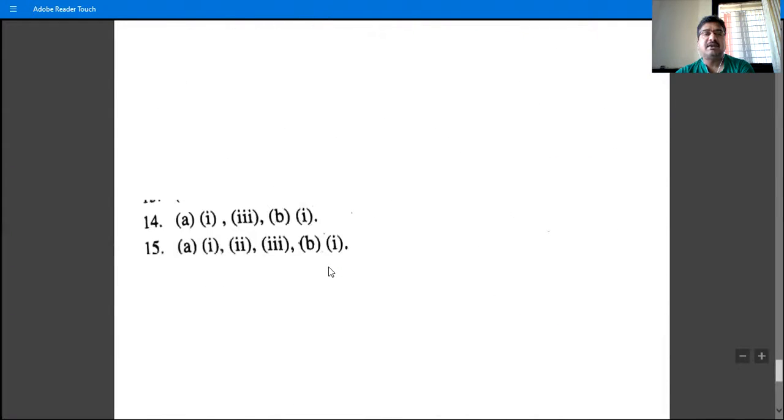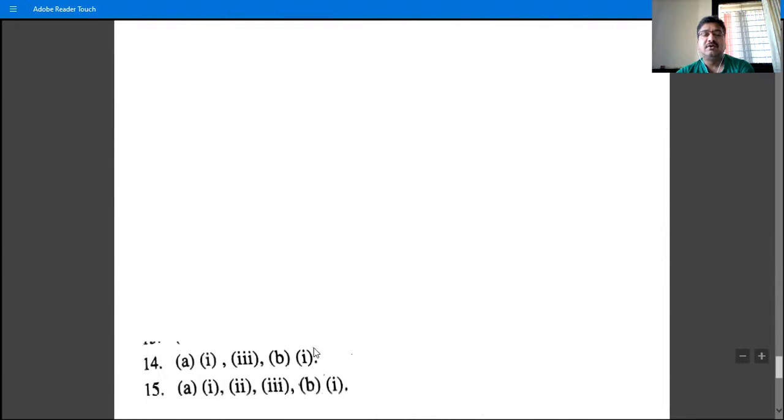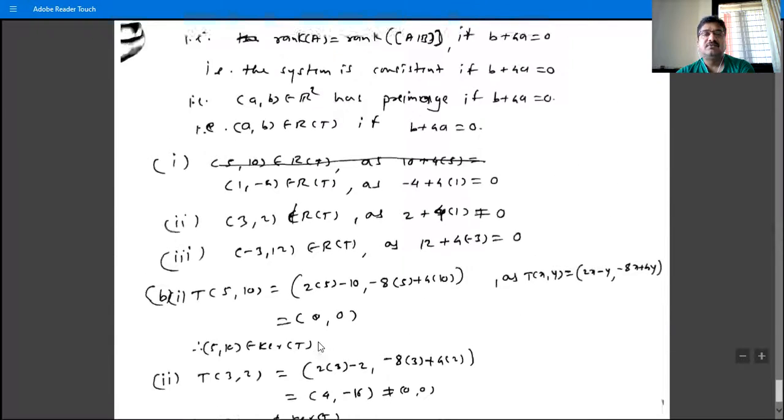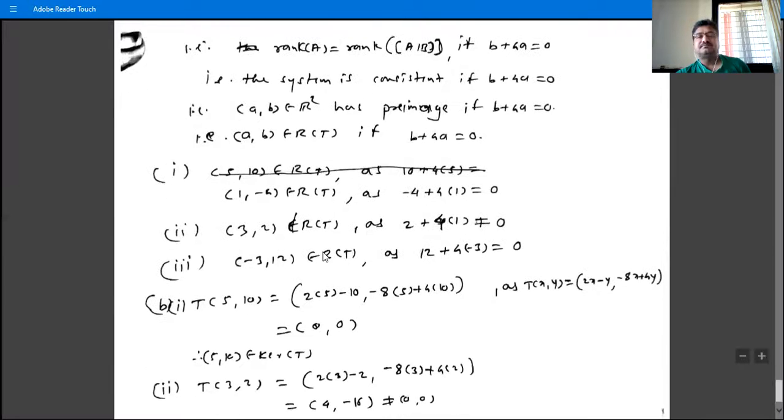So consider the first element, that is minus 1, 4. Minus 1, 4 belongs to R(T), because it satisfies this equation. If we substitute B as 4 and A as minus 1, then we have 4 plus 4 into minus 1 equal to 0. And therefore minus 1, 4 belongs to R(T).